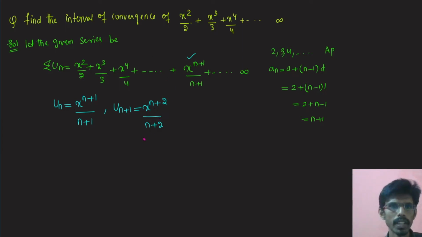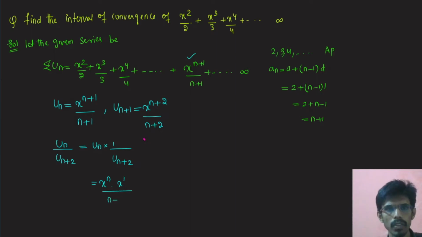Now take the ratio of these two terms, un upon un plus 1. This can be written as un into 1 by un plus 1. Un is x power of n plus 1 by n plus 1 into 1 by un plus 1. 1 by un plus 1 is the reciprocal. So this will become n plus 2 by x power of n plus 2 into x power of n plus 1.